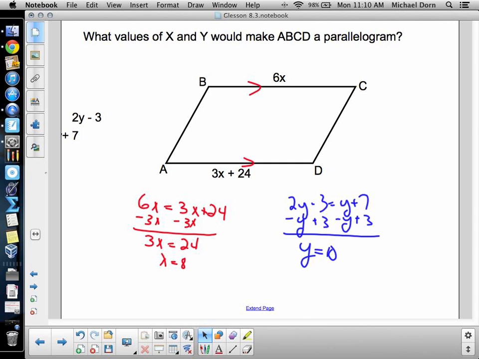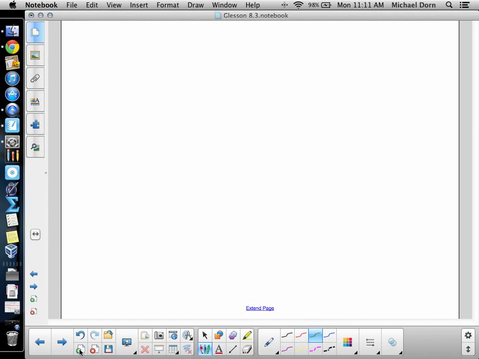If they aren't the same sides, it doesn't work. If I said these sides are parallel, okay, AB and CD are parallel, and 6x and 3x plus 24 are congruent, that doesn't prove it's a parallelogram. It's possible to have one pair of sides parallel and the other pair of sides congruent. If you're not sure about that, look at this little picture.